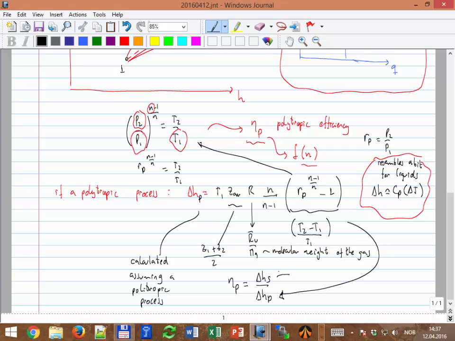What am I going to use here? I should have something a bit similar. So we can do the same thing for isentropic.